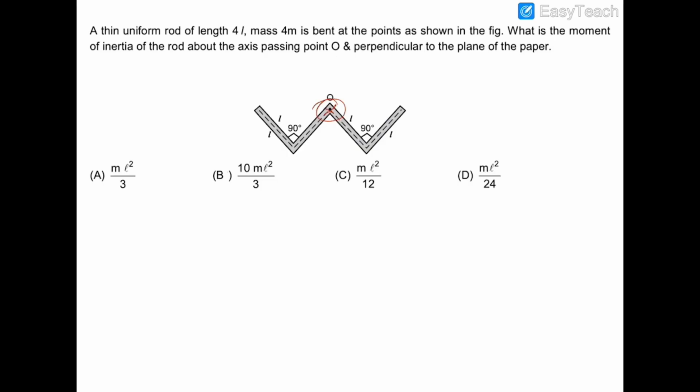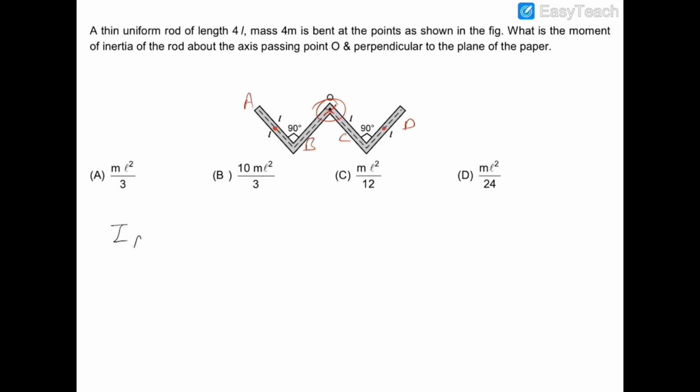So we can see that, let's suppose this part of the rod, this one, is A. Now the second part is B, this is the third part, and this is the fourth part. So the moment of inertia of rod A and rod D will be equal.